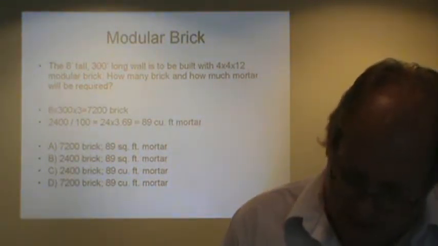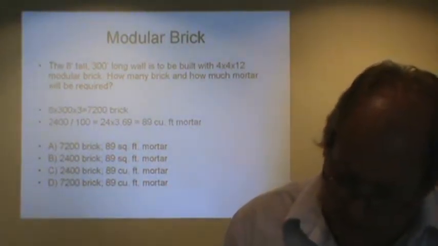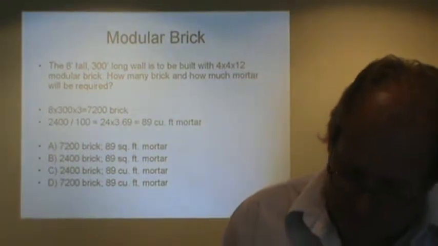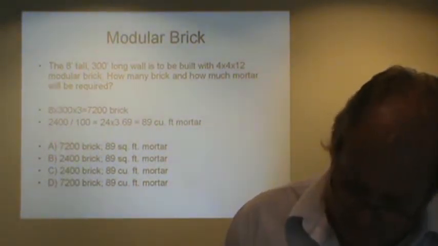On most jobs, adhesion type ceramic veneer is delivered to the job in trucks, must be carefully unloaded, stored, protected in advance of the setting. 2 laborers should do this work at a rate of 360 to 400 square feet per 8-hour day. There you go.